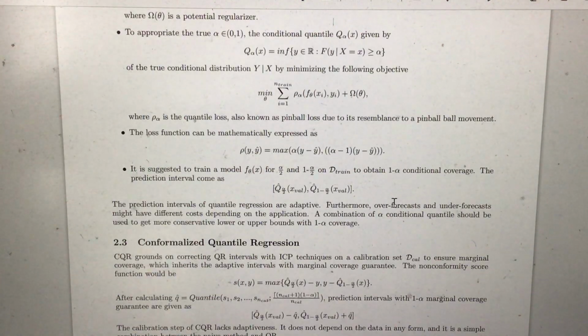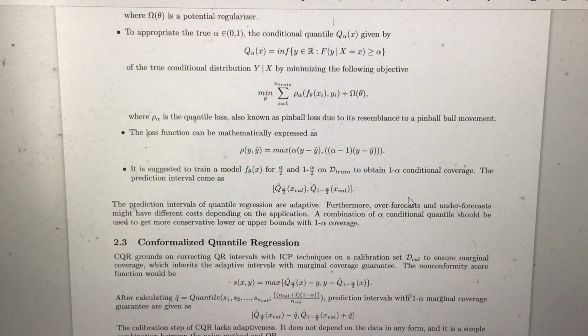It is suggested to train models for alpha over 2 and 1 minus alpha over 2 on the training data to obtain 1 minus alpha conditional coverage. The prediction interval has the lower bound q of alpha over 2 and the upper bound q of 1 minus alpha over 2. The prediction intervals for quantile regression are adaptive. But over-forecasting or under-forecasting has a different cost depending on the application.